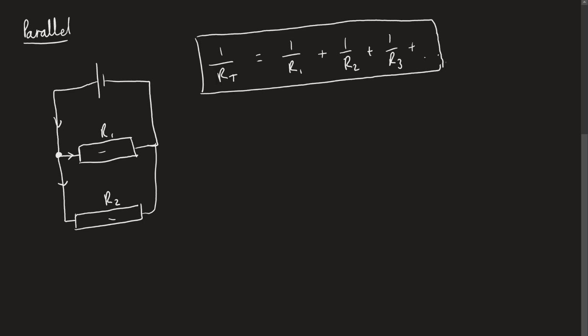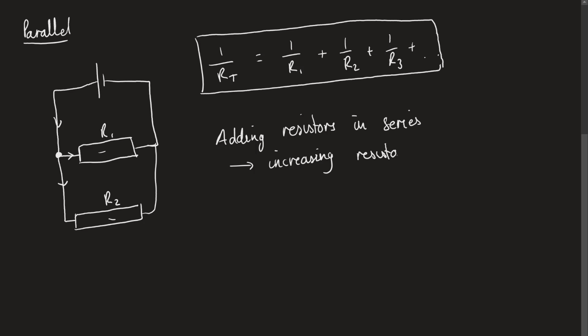What this implies though is that adding resistors in series means that overall we're increasing the resistance of the circuit.